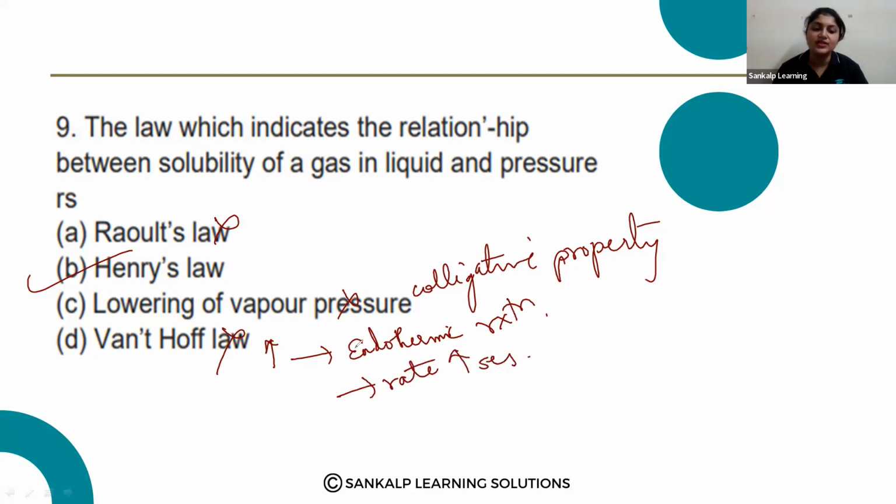So it is not concerned with solubility. Lowering of vapor pressure is also not concerned with solubility. So Henry's law, KH: partial pressure is KH into mole fraction. It indicates the relationship between the solubility of a gas in a liquid and partial pressure.